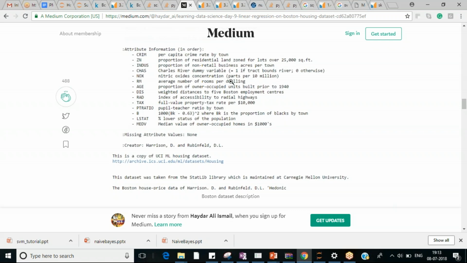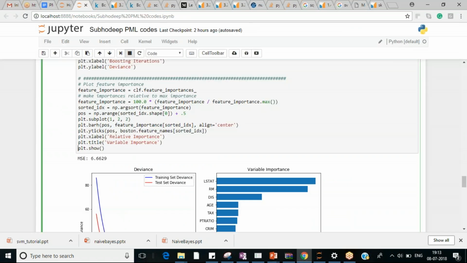So basically, what your algorithm will tell you regarding these variables is the variation of this particular variable vis-a-vis the price. If your LSTAT, when varying from low to high, is really changing the price from high to low, then yes, it is a very important variable, if there is a good amount of correlation.